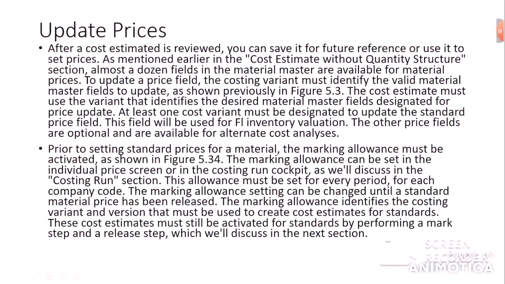Update prices. After a cost estimate is reviewed, you can save it for future reference or use it to set prices. As mentioned earlier in the cost estimate without quantity structure section, almost a dozen fields in the material master are available for material prices. To update a price field, the costing variant must identify the valid material master fields to update as shown previously.